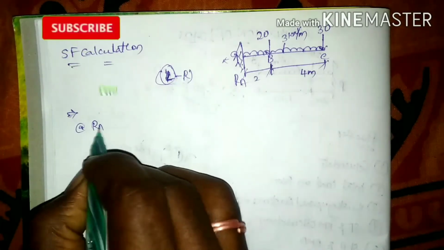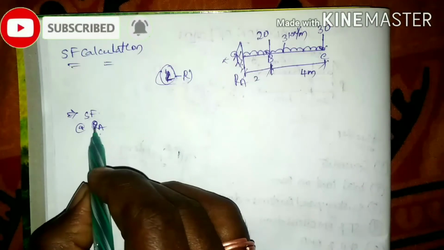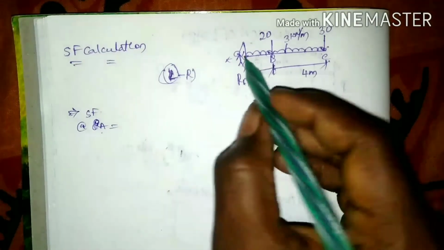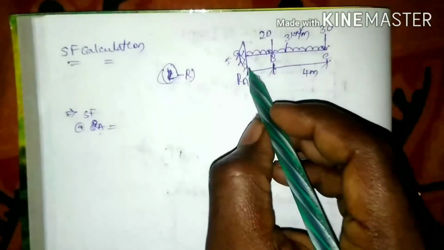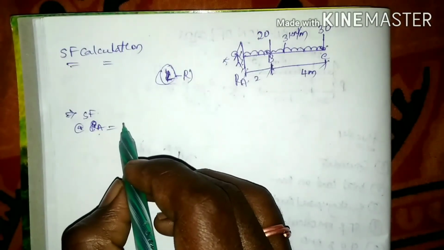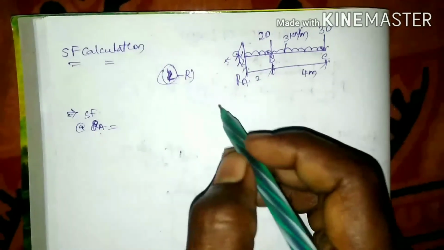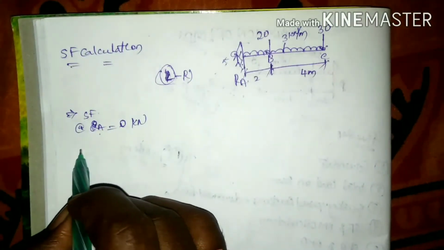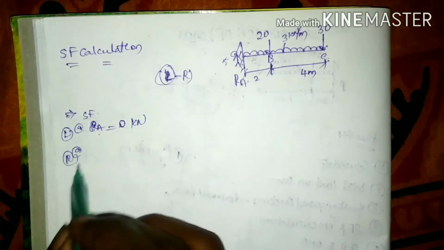Shear force at A, if I stand just left to the A point or A support, I am going to find no supports, so it is zero. Similarly, this is the left side, this is the right side.